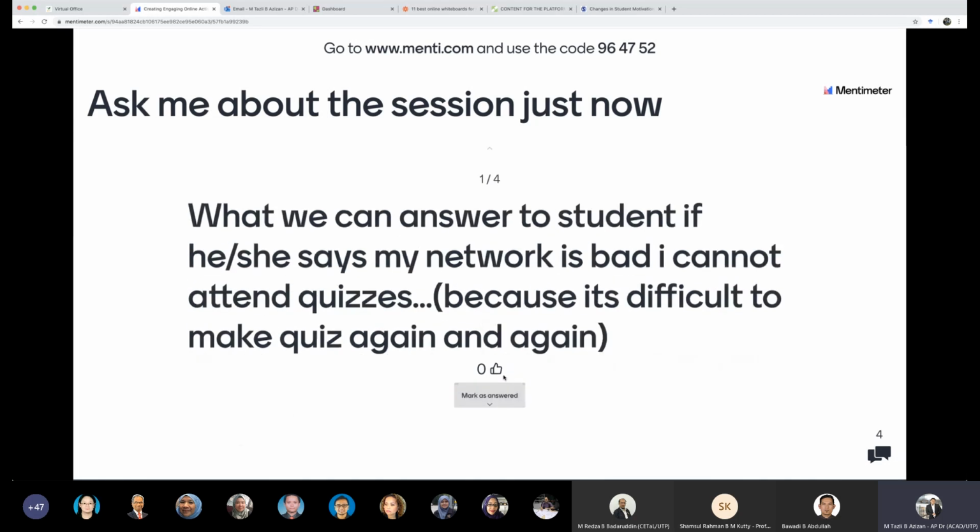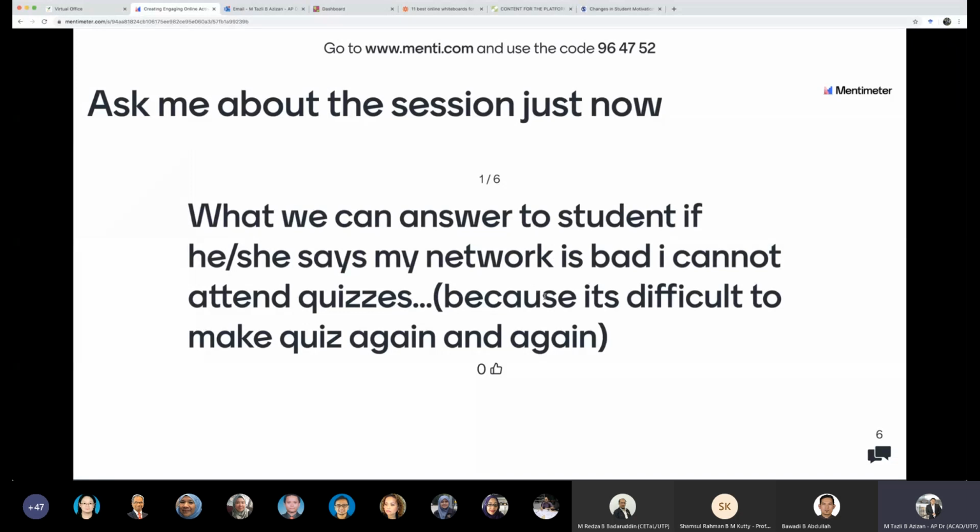Okay. What can we answer to a student if he or she says my network is bad, I cannot attend quizzes, because it's difficult to make quizzes again and again. This is why I myself am not really keen on giving quizzes during a short period of time. I don't like giving quizzes to the students because I know that some of the students may really have difficulties accessing this.